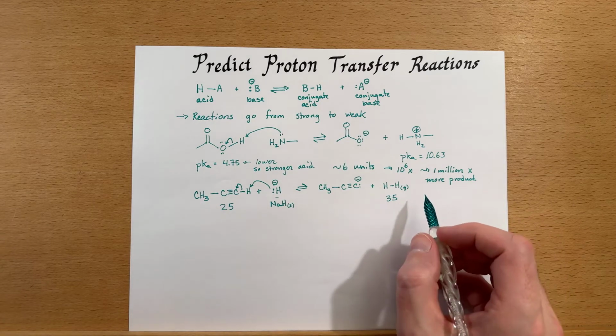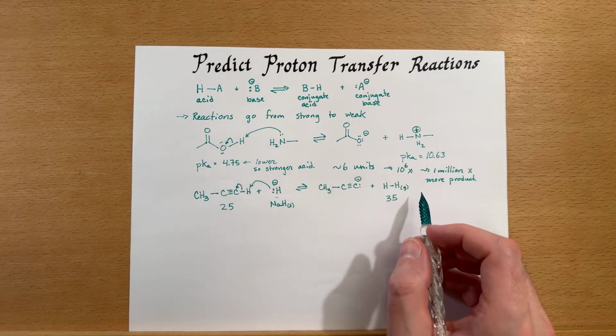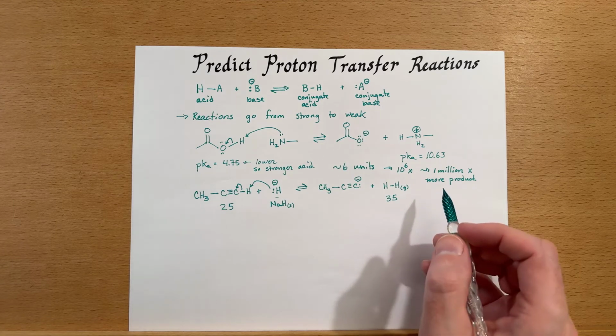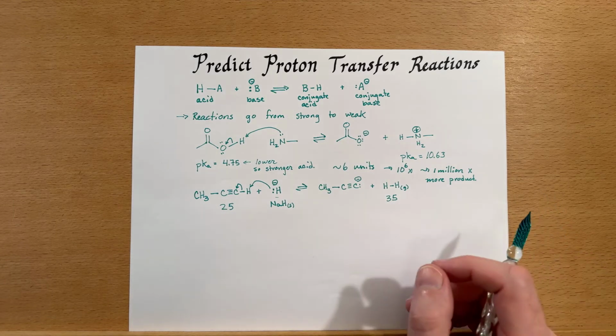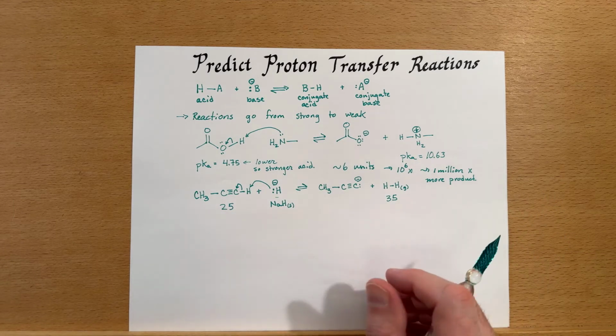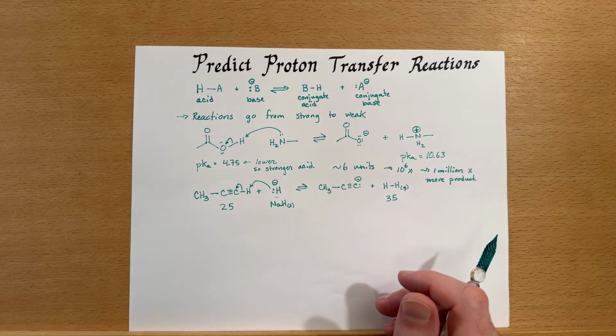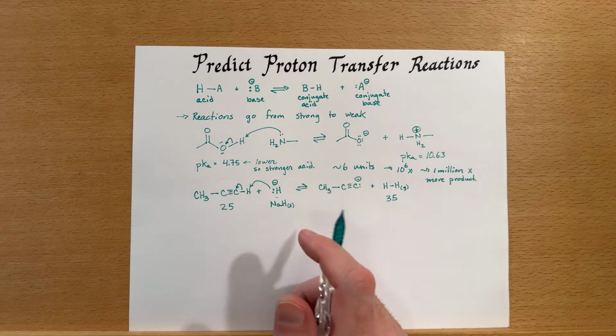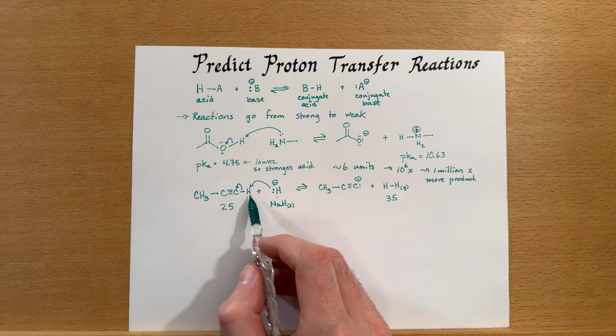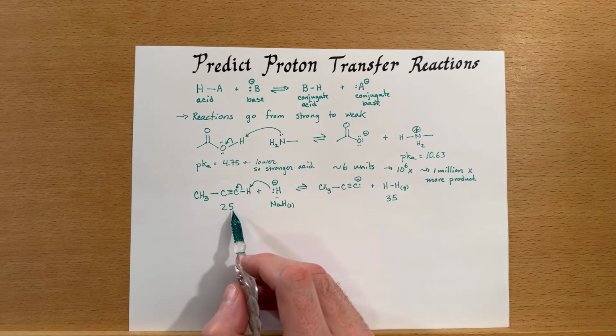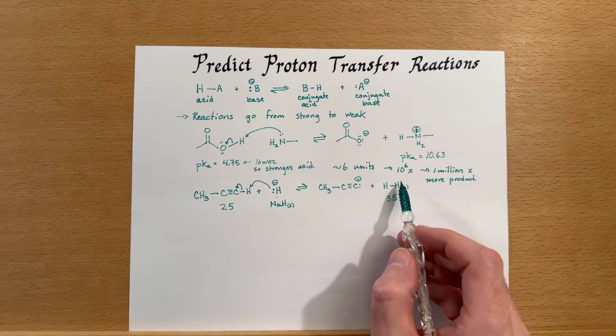Also, if you remember about Le Chatelier's principle, where if we are removing a product out, it will tend to drive the reaction forward. We don't really need that to happen in this case because our terminal alkyne is a much better acid than H2.